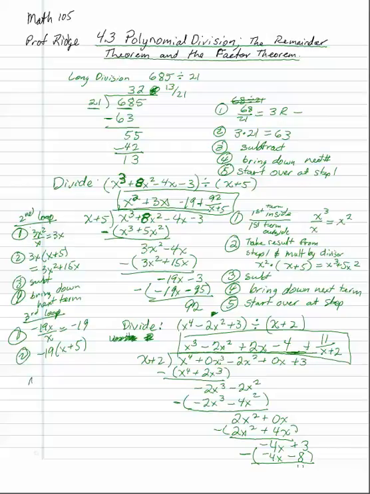Now note, if you're asked to write, if we have p of x is equal to x to the fourth minus 2x squared plus 3, and the divisor is equal to x plus 2, and then you're asked to write p of x as the divisor times the quotient, so q of x is the quotient, plus the remainder.